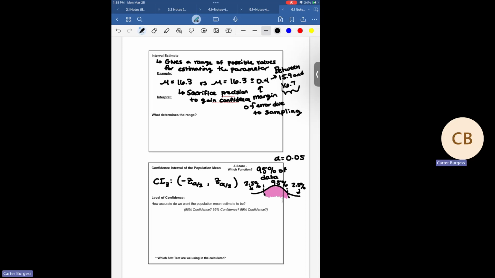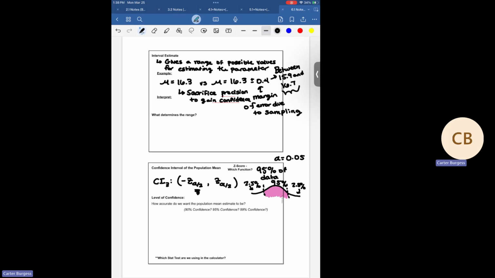We have a 2.5% chance of falling to the left. We have a 2.5% chance of falling to the right. And so that's why we're talking about the alpha over 2. 95% gives us 5% of failing, and then we split that in half and do it across either side.